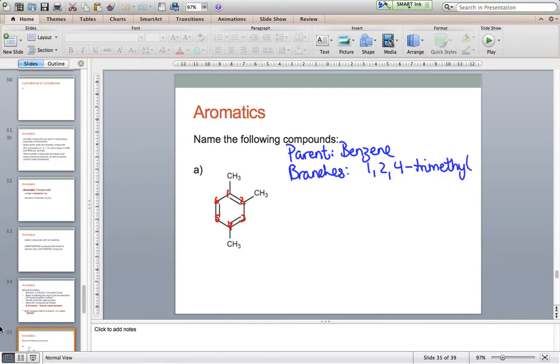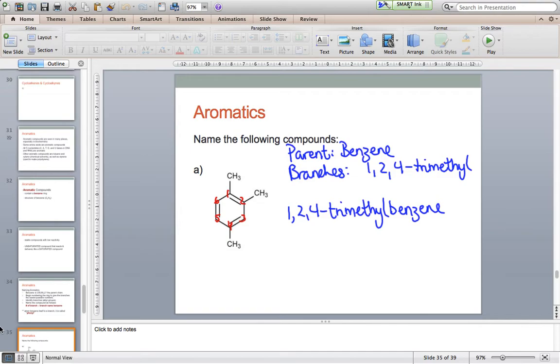And then when I put this whole name together, I want to make sure that I have my correct punctuation and that I'm spelling everything as all one word. 1,2,4-trimethylbenzene. Pretty straightforward. I don't anticipate a lot of difficulty naming aromatic compounds where benzene is the parent.